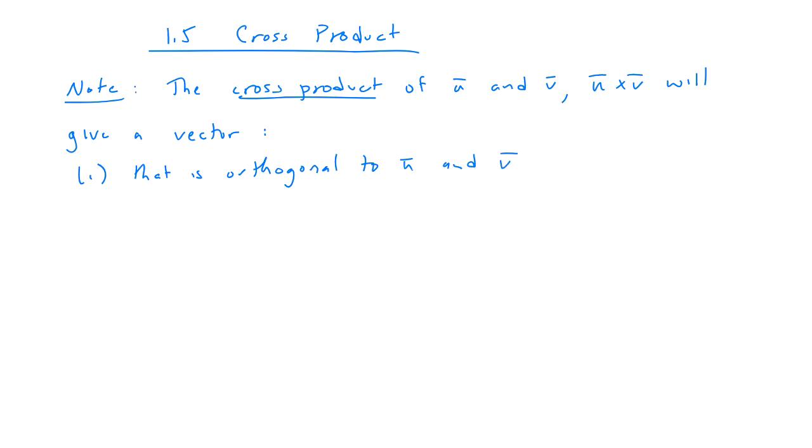It's going to give us a vector that's orthogonal or perpendicular to the two original vectors we start with.